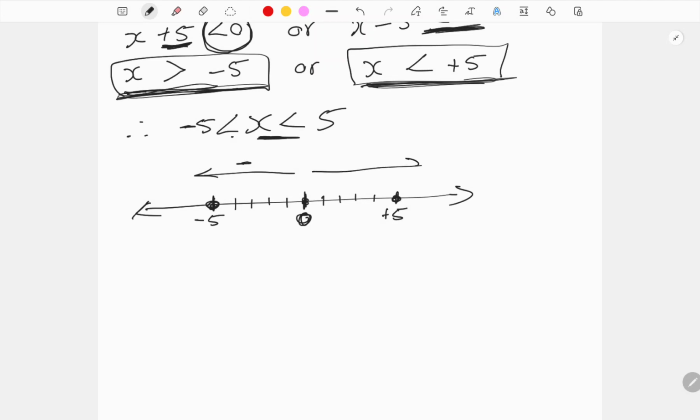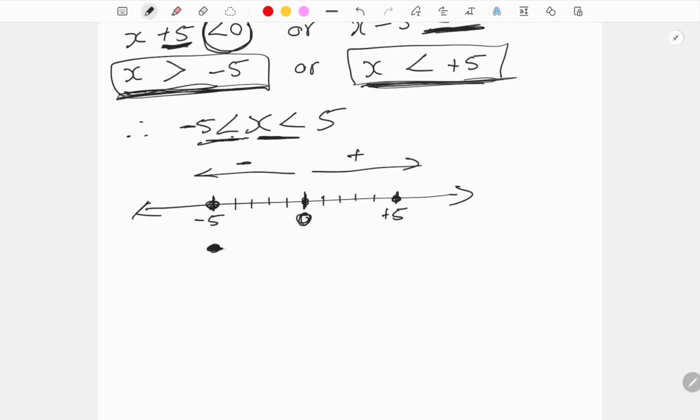Minus, go in that direction, plus. Meaning that we can have any x that is from, not from 5. Look at this, not from 5. They are not saying greater or equals to, they are only saying greater than.